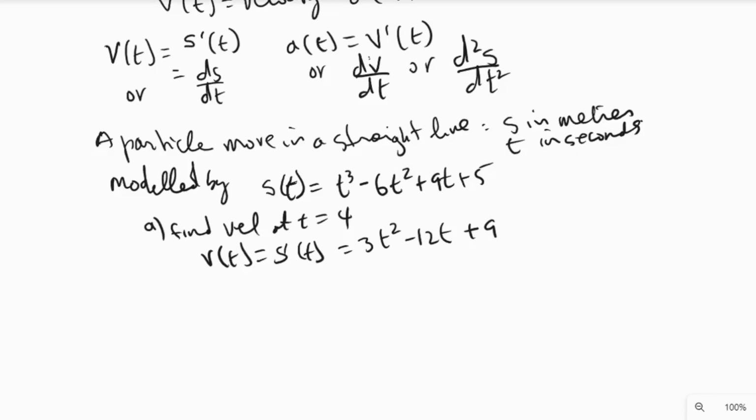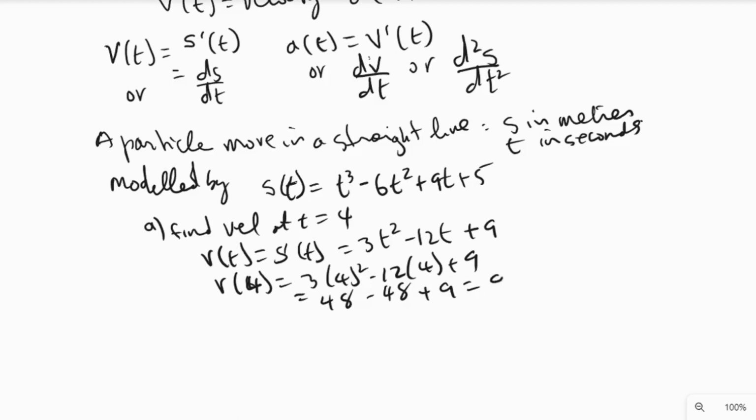We want the velocity at time equal to 4: 3 times 4 squared minus 12 times 4 plus 9, which is 16 times 3 is 48, minus 48 plus 9, which is equal to 9 meters per second.